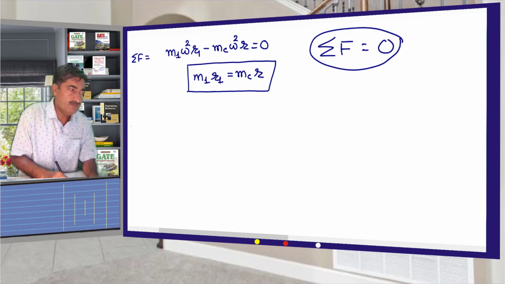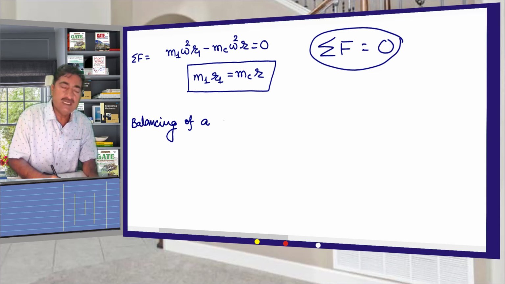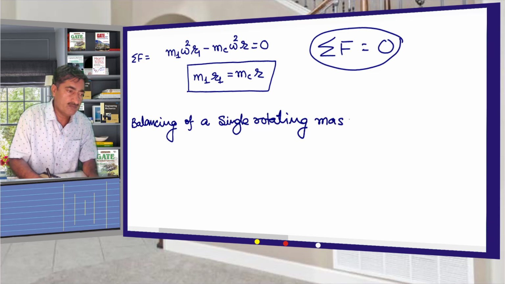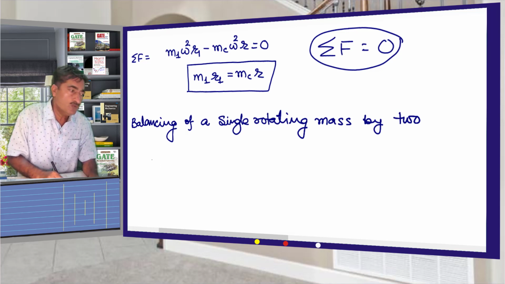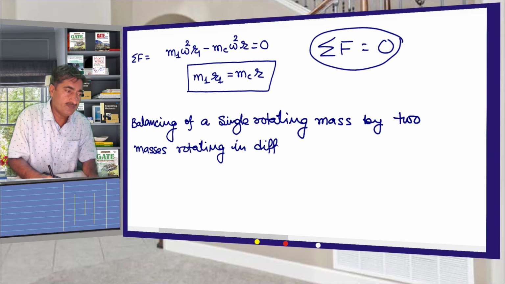Means balancing of a single rotating mass by two masses rotating in different planes.